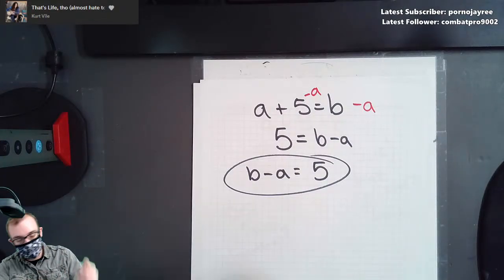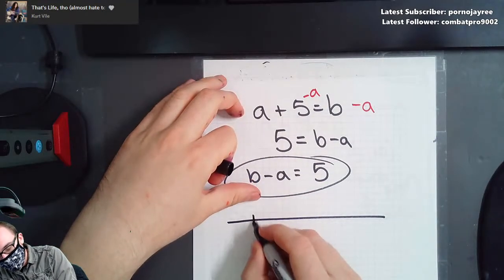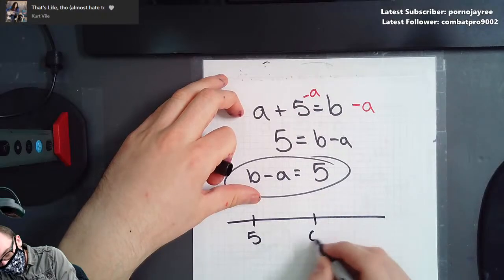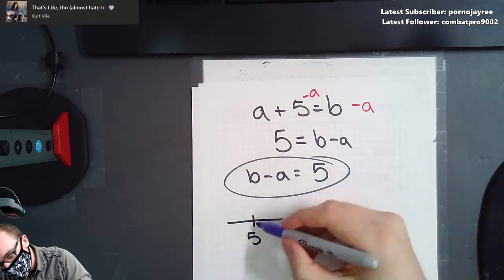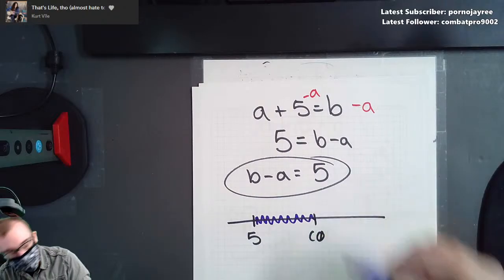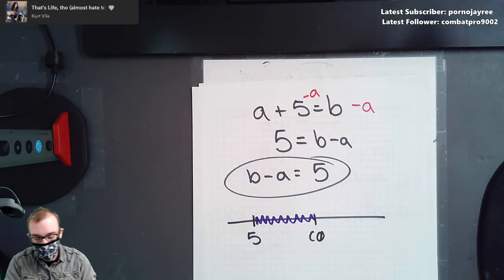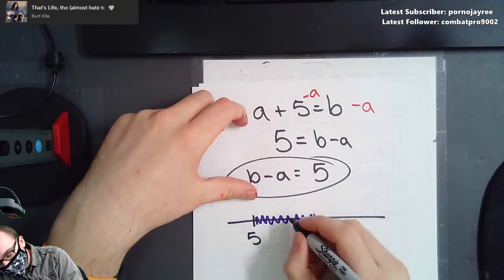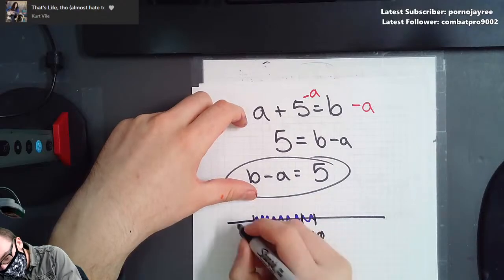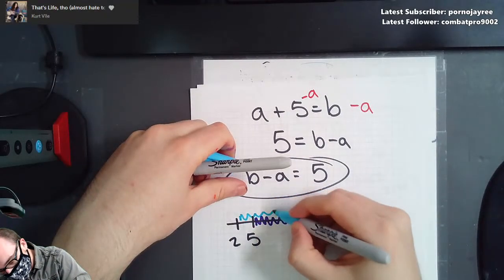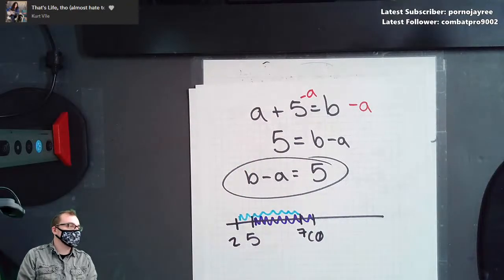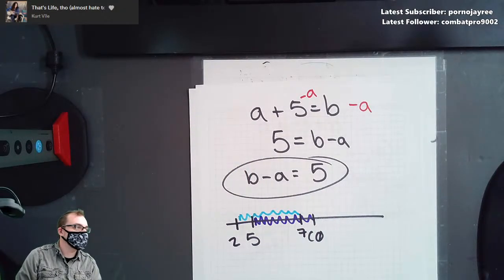And if you were to graph this on a number line, here are all the possibilities. You said 5 and 10, right? So here's the answer. Here's the distance. 5 and 10 would work for A and B. But also you said 7 and 2. And those distances are the same, right? They're all 5.